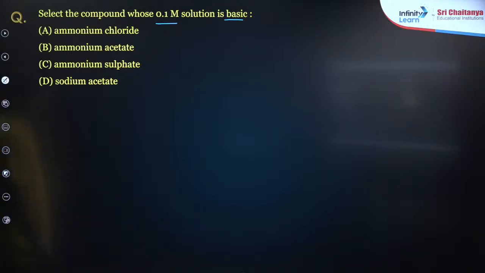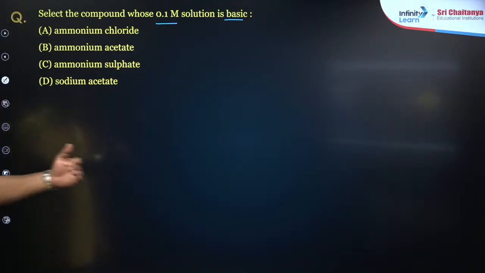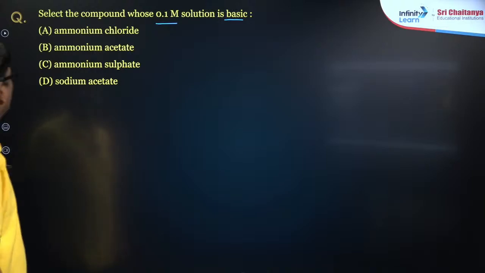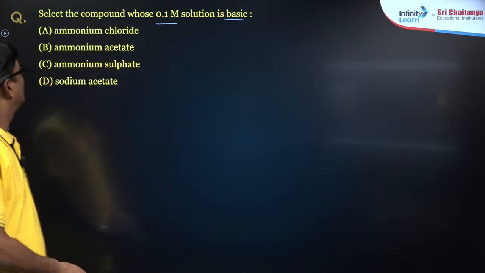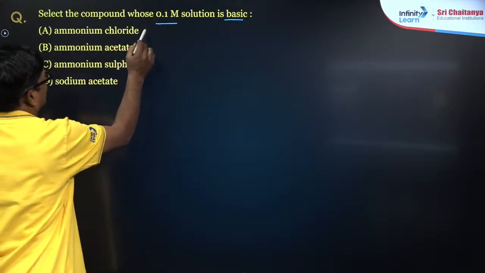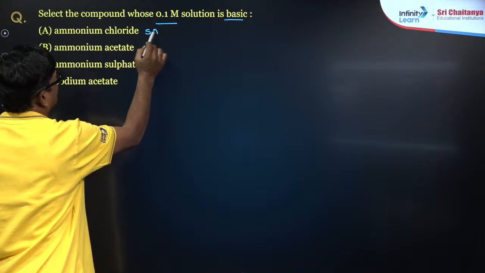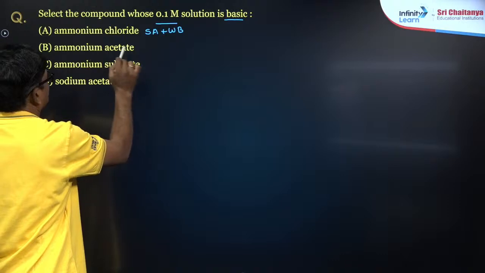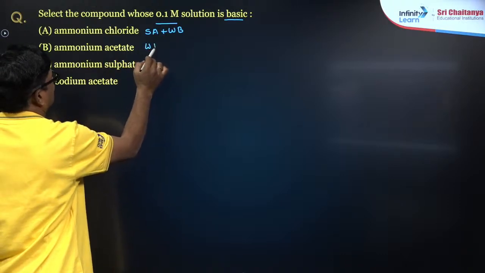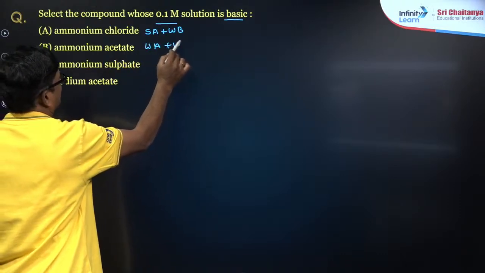Ammonium chloride, ammonium acetate, ammonium sulfate, sodium acetate. You want to say B here? It is ammonium chloride. It is a salt of a strong acid and a weak base. Ammonium acetate is a weak acid and a weak base.